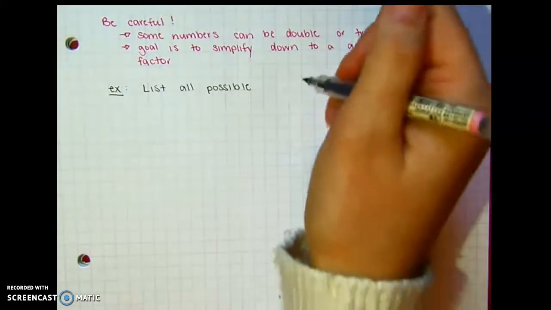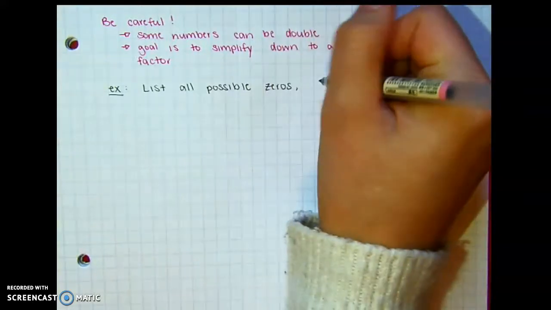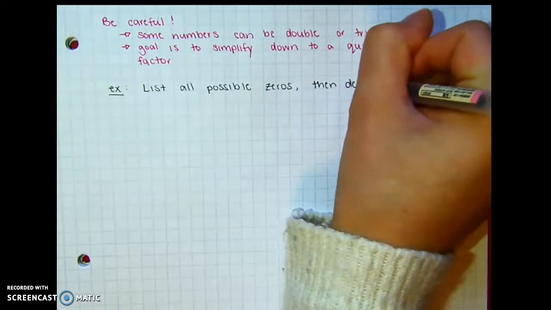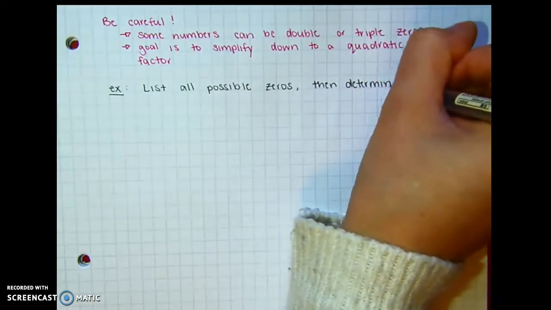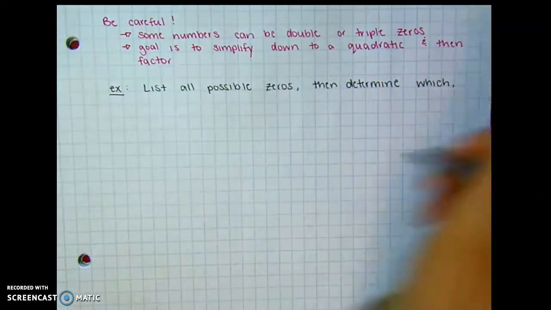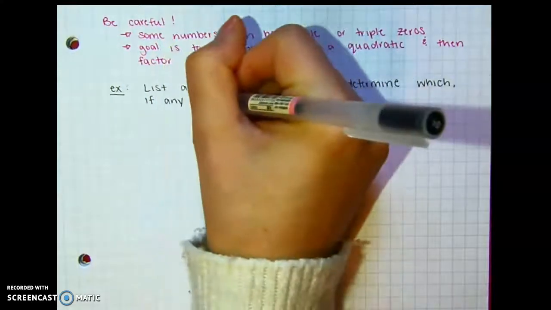So list all possible zeros, then determine which, if any, are zeros.